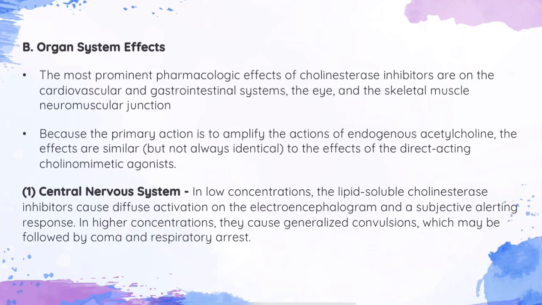So, in the central nervous system, in low concentrations, the lipid-soluble cholinesterase inhibitors cause diffuse activation on the electroencephalogram and a subjective alerting response. In higher concentrations, they cause generalized convulsions, which may be followed by coma and respiratory arrest.